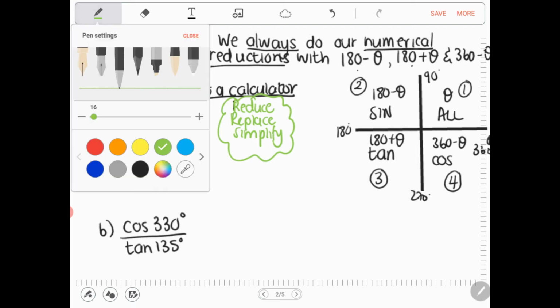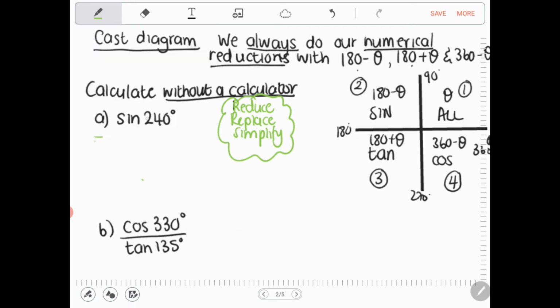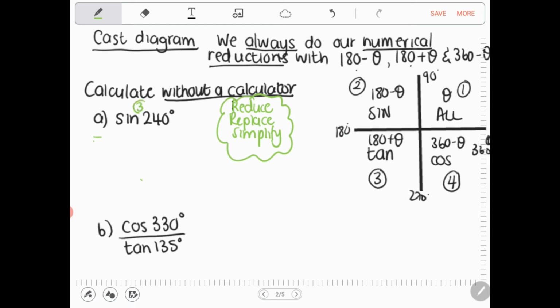And this angle is bigger than 180. Look, it's 240, so it's between 180 and 270, so it's in the third quadrant. Okay, so which quadrant is it in? Third quadrant. Okay, then we write it using the 180s, the 360s.